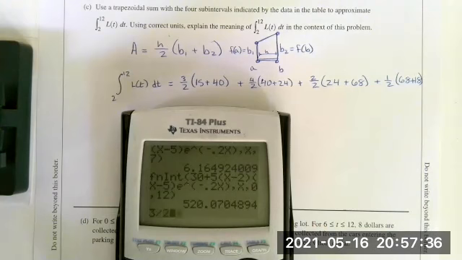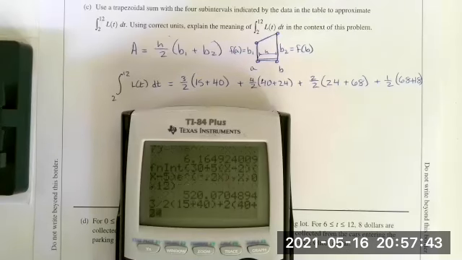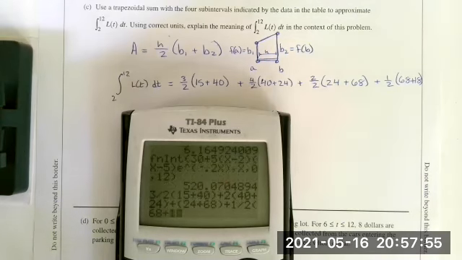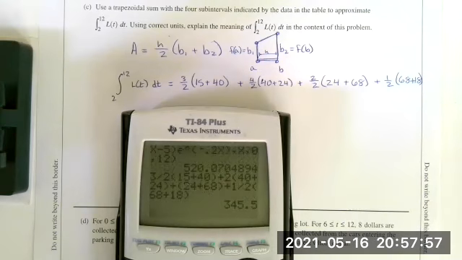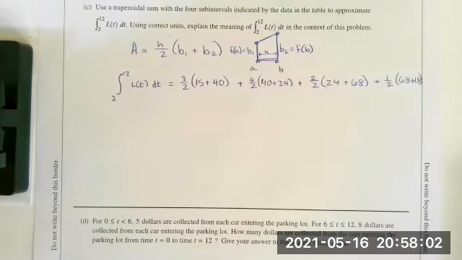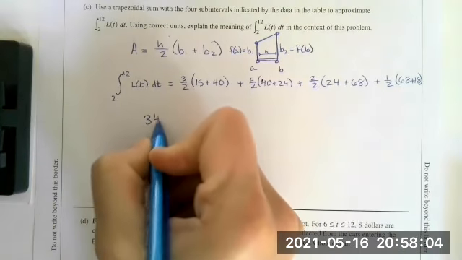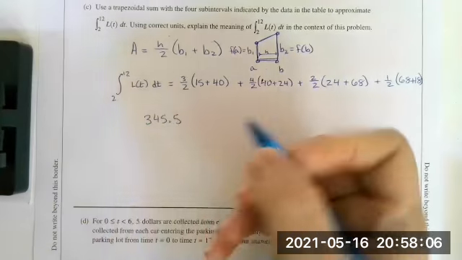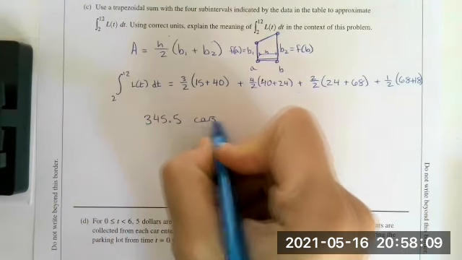Let's do 3 over 2 times 15 plus 40, plus 2 times 40 plus 24, plus 2 over 2 is 1, so I don't even need that, 24 plus 68, plus 1/2 times 68 plus 18. All right, we are looking at a grand total of 345.5 cars.